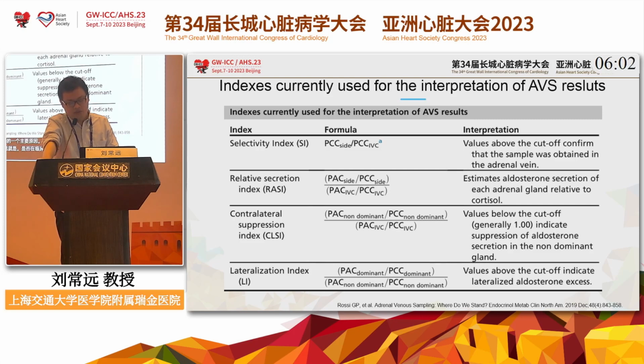If the value is above the cutoff, it confirms that the sample was obtained in the adrenal vein. The lateralization index is used for assessment of lateralization of aldosterone excess. Values above the cutoff indicate lateralized aldosterone excess.